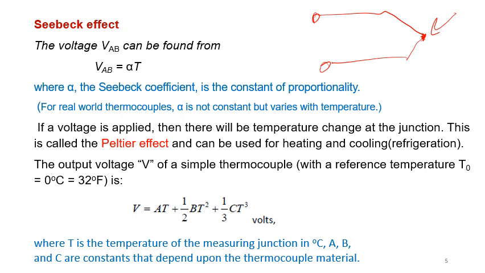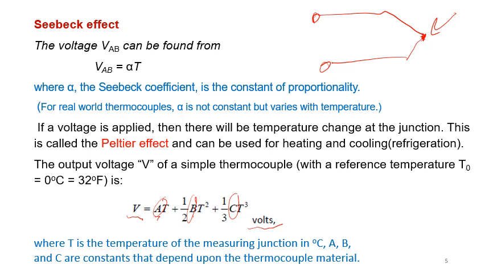Now if I want to make a relation between voltage and temperature for a real sensor, the voltage is going to be equal to what you can see here. V is equal to A times T plus half of B times T squared plus one-third of C times T cubed, and the unit is volt, where A, B, and C depend on the thermocouple material.